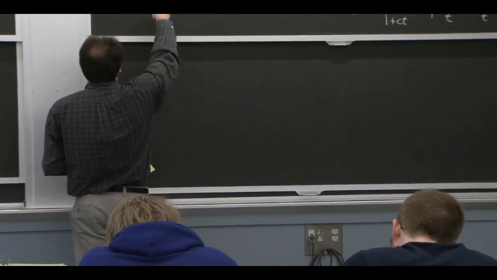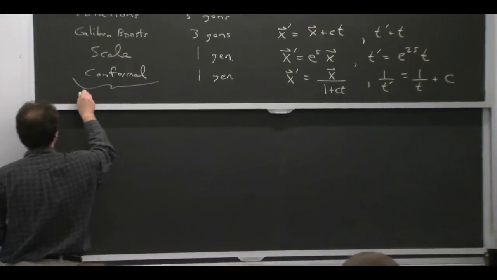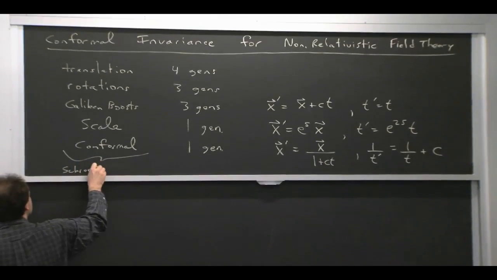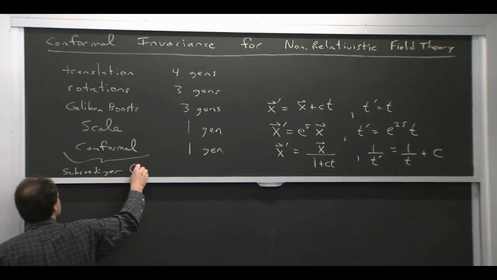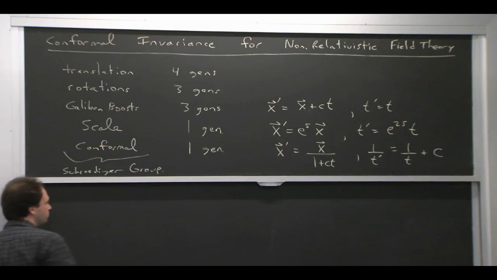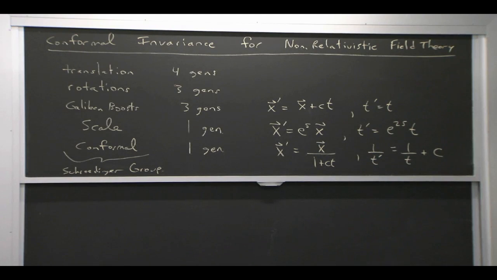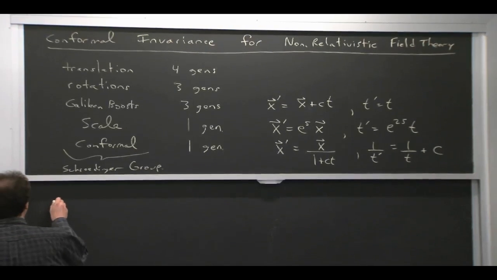And if you take all these things together, it's something called the Schrodinger group. And the theory we've been talking about actually has this non-relativistic conformal symmetry, if a goes to infinity.